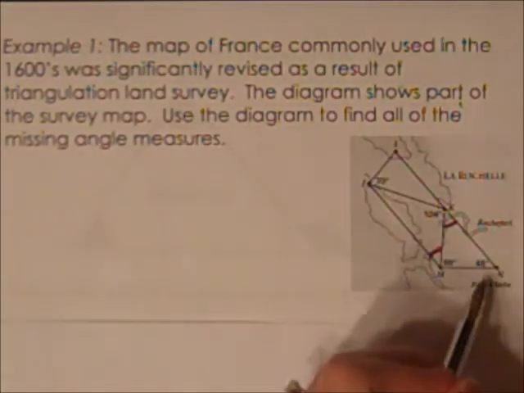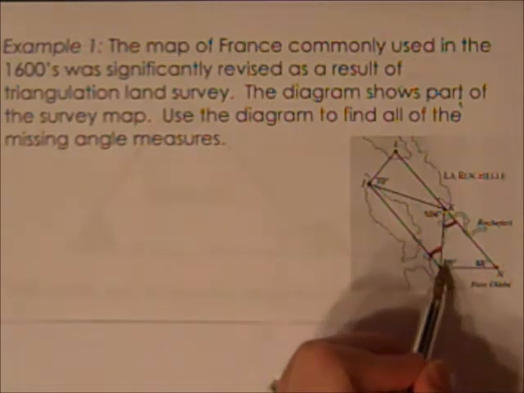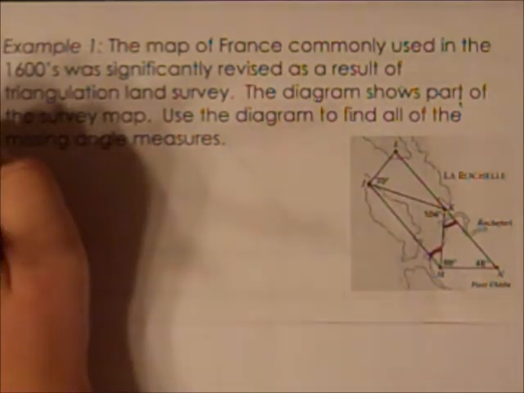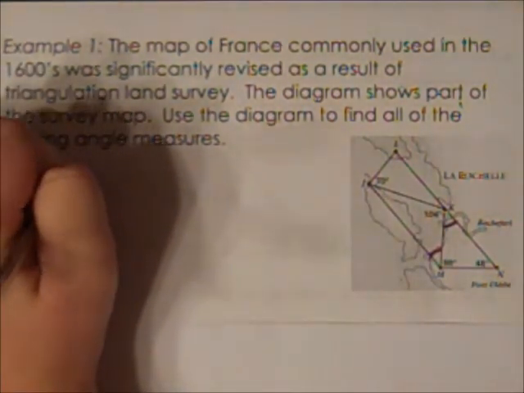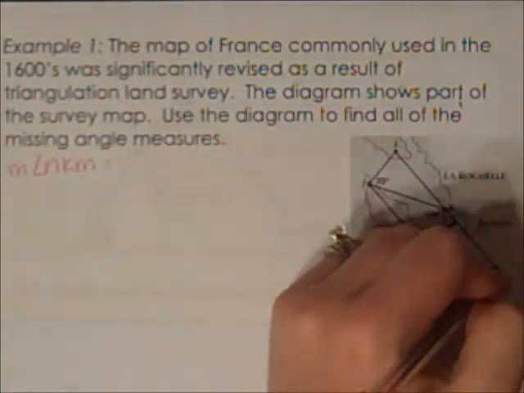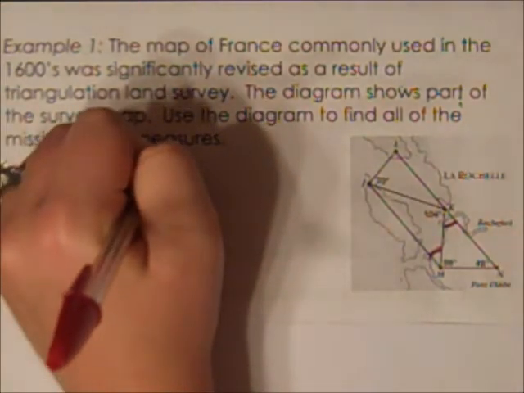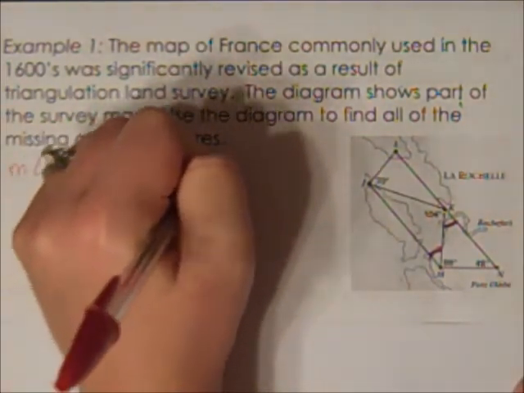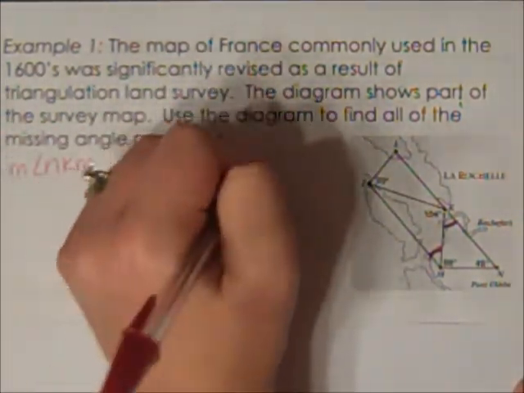All right, so let's start on this side and we'll work our way around this way. If this is 48 and this is 88, I want to know the measure of angle NKM. These three form a triangle, and I already learned by the triangle sum theorem that it has to be 180. So I'm going to go ahead and write this in so you don't forget when you're doing this on your own. They have to equal 180.